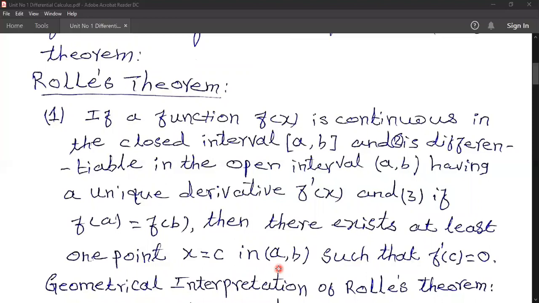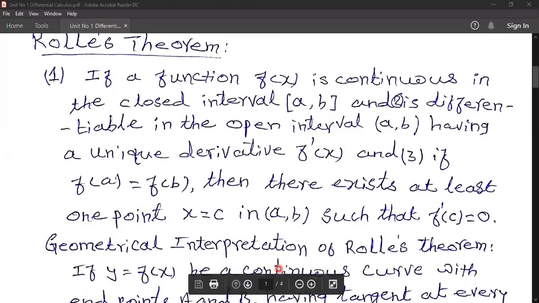Then there exists at least one point x equal to c in the open interval such that f dash of c is equal to 0. We are not going to go for the proof of this entire theoretical part, but we'll just see the geometrical interpretation of Rolle's theorem.